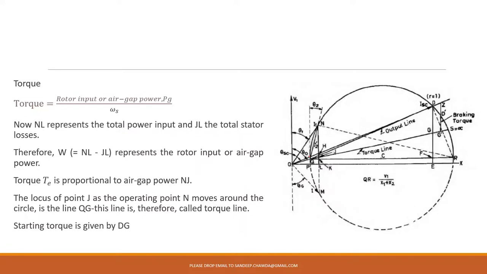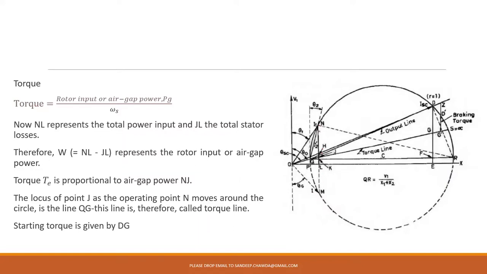You can also calculate the torque. Torque is given by power divided by speed: air gap power divided by synchronous speed. So you need to find the air gap power first. NL is the total power input to the stator, and GL gives you the stator losses.